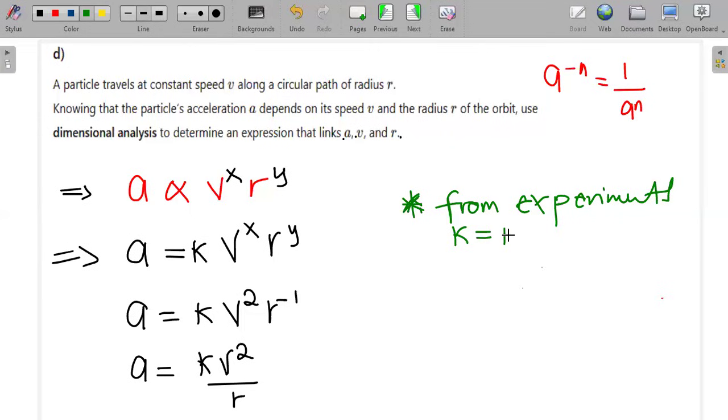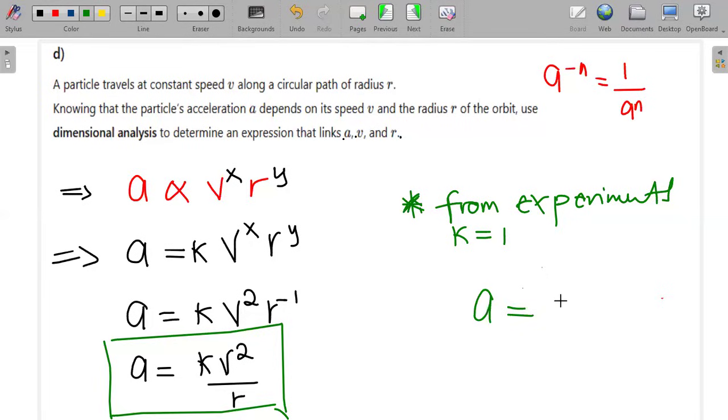But if you don't have any idea what the value of K is, you just leave it here and say K is a constant, so it's dimensionless. From experiments that have been conducted before by scientists, K is found to be 1 in this equation. So the final expression is just A is equals to V squared over R.